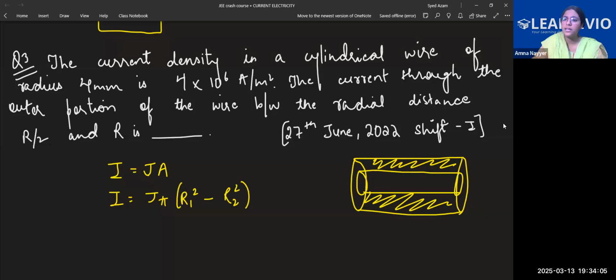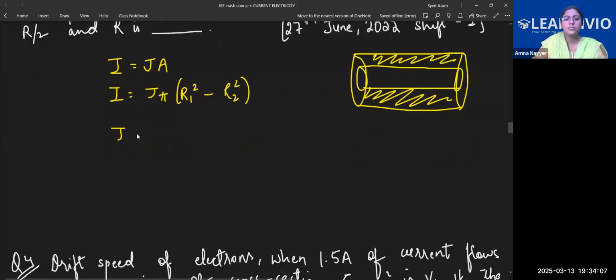Let's just write down the values. This is 4 into 10 to the power 6. This is pi. Let's put it as pi only. Later you can calculate. R1 will be R square minus, the second one is R by 2, so that will become R square by 4.